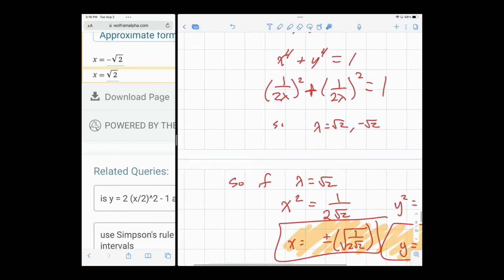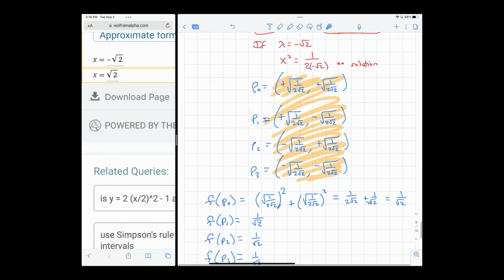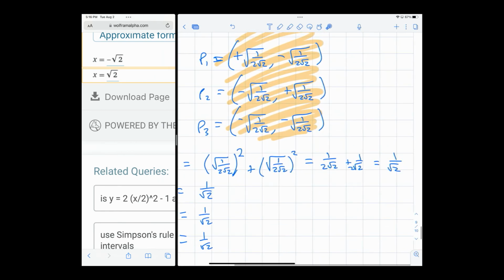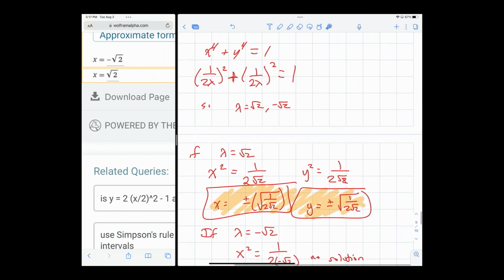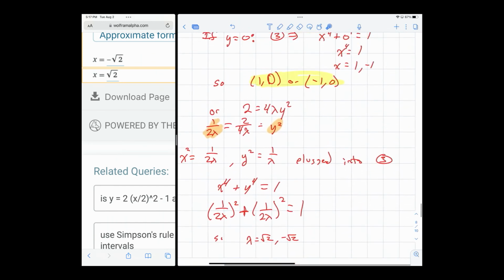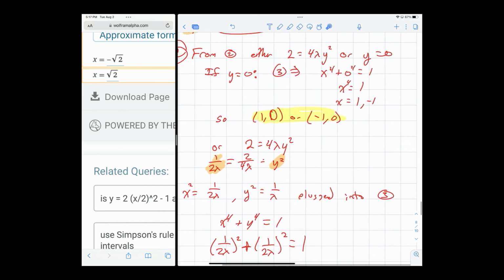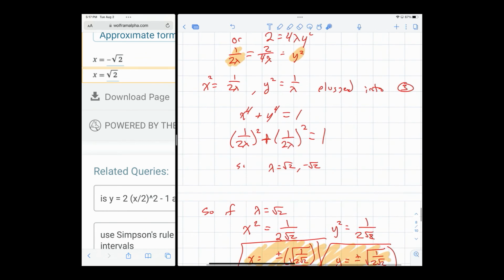But this is like 0.7. And when we put in the one and the zeros, those are going to be ones. So something happened here. I made some kind of mistake. Oh no. All right.